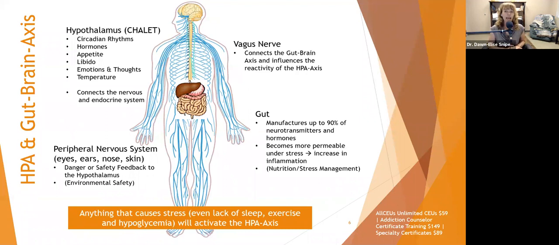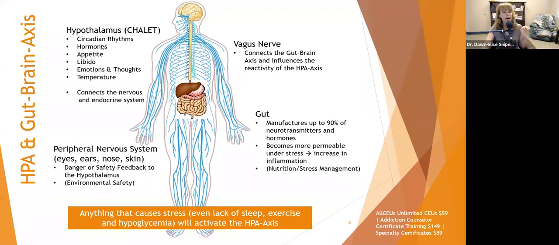The HPA axis is what I call our threat response system. And when we experience stress, when we experience a threat, the hypothalamus kicks off a whole set of reactions in the body to trigger the fight or flight response. And I use the acronym CHALET because that's the only word I could come up with that fit all of these.